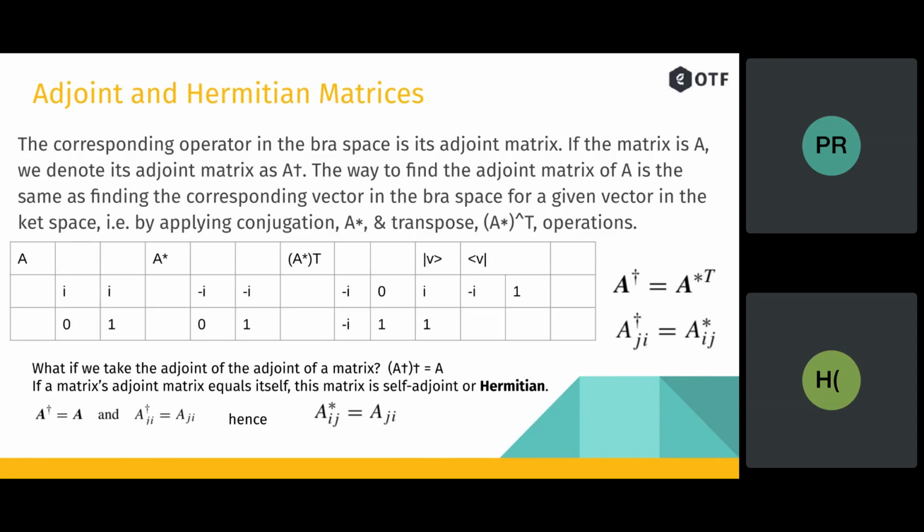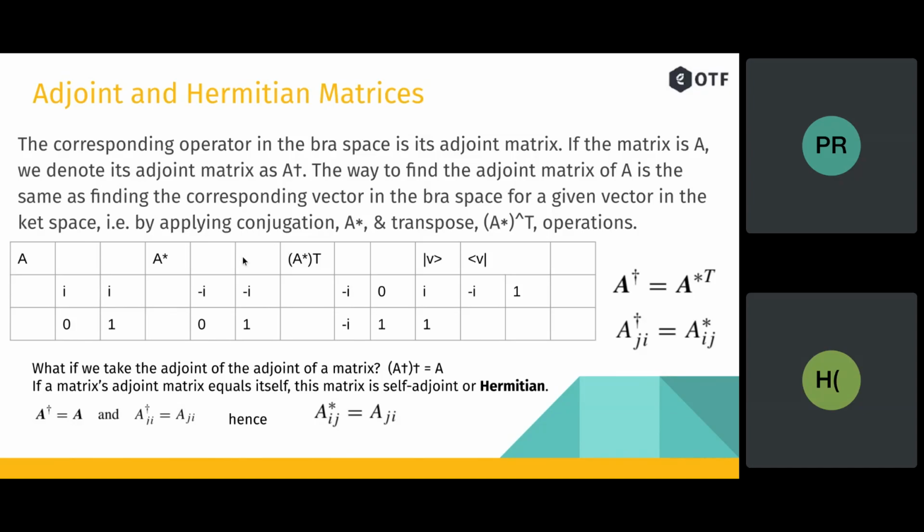So essentially what I want to do is, for a matrix, in this case 0, -i, i, 0, the image of that is computed mathematically by taking the complex conjugate of it and a transpose.